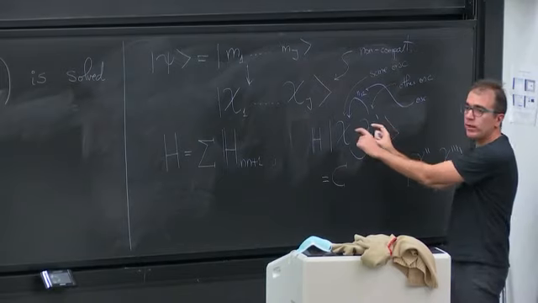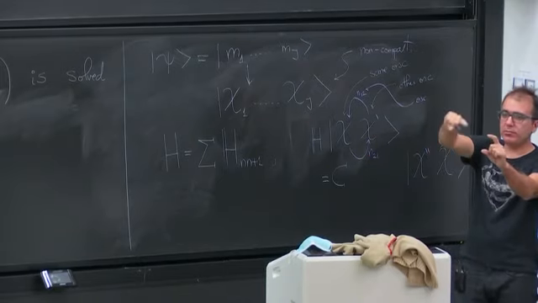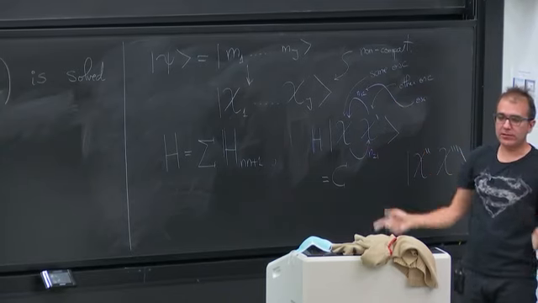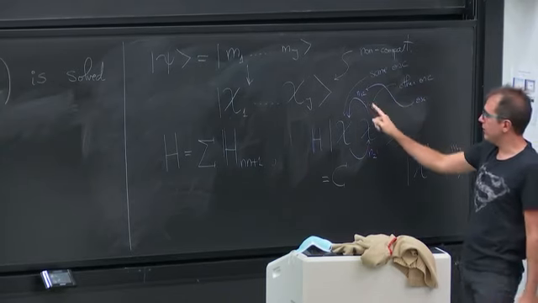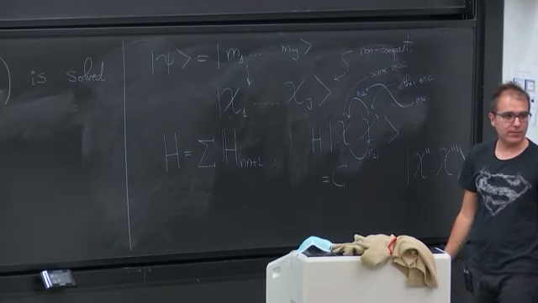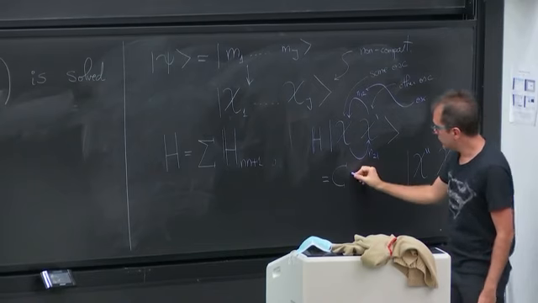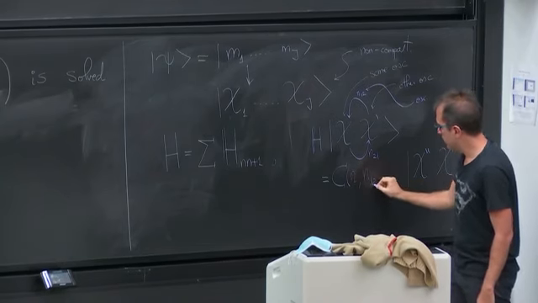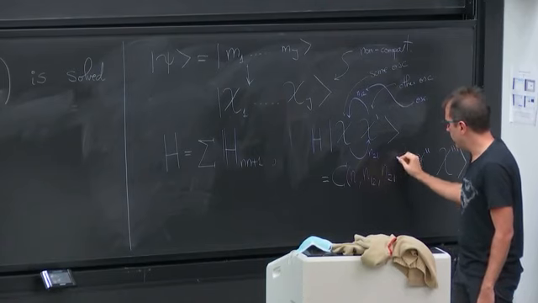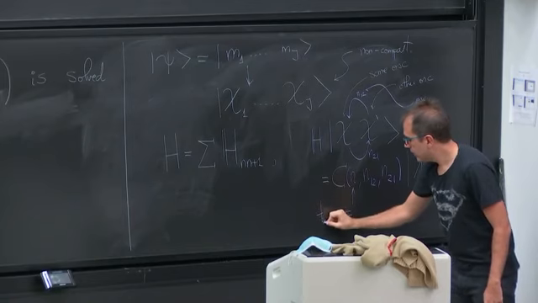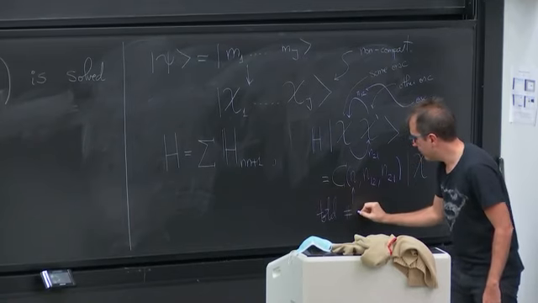Now, which ones do you move? Do you move a daggers, b daggers, c daggers, or what? It doesn't matter. You just tell me that you move n_12 from here to here and n_21 from here to here. That's all I need to know. Then this coefficient depends on n, n_12, and n_21, where n is the total number of oscillators.